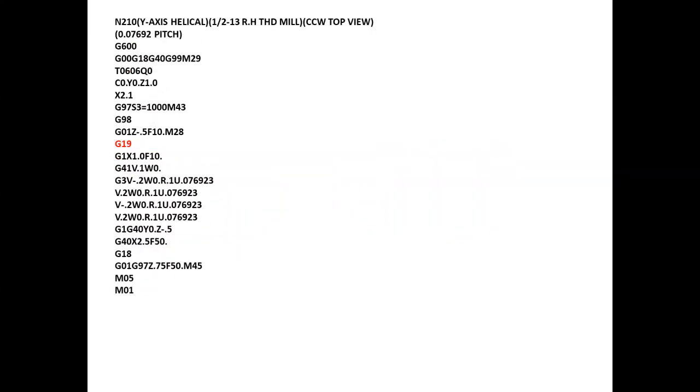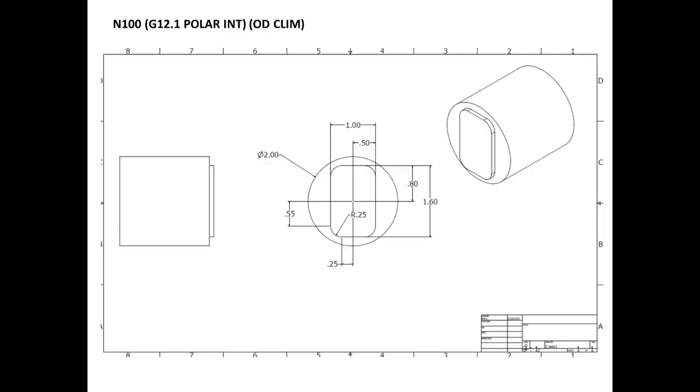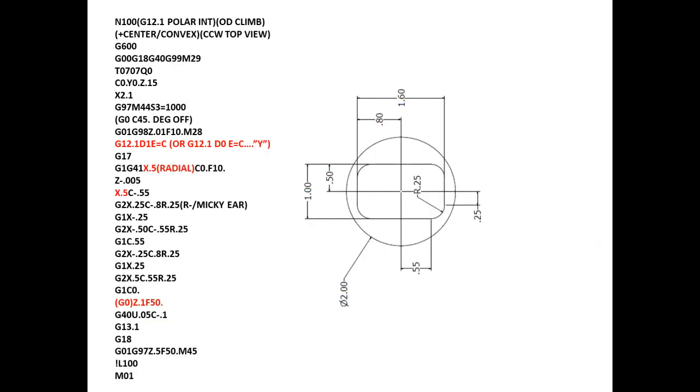Okay, so back up and then continue where you were. So I was here. With G12.1 on the Mitsubishi control, we have the option to program the C axis or Y axis inside of the G12.1 and between G13.1.